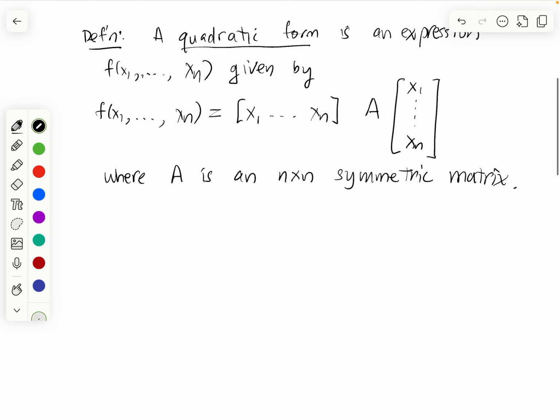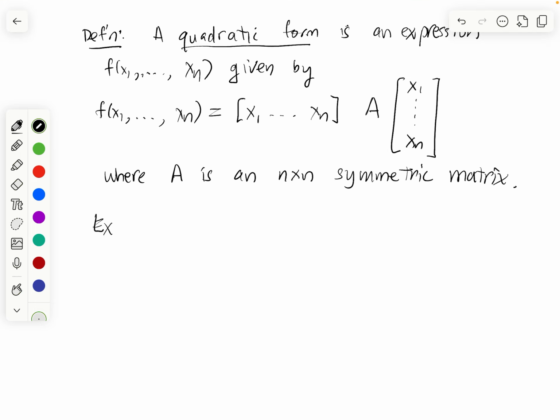So let's look at an example. Well, let's say that you have n equals 1. If n equals 1, then you just have one variable, something like x. So your matrix A is just going to be a 1 by 1 matrix.